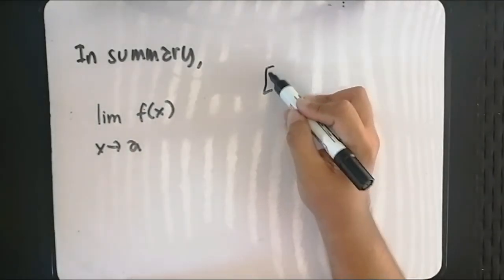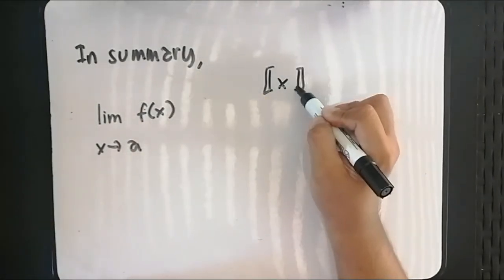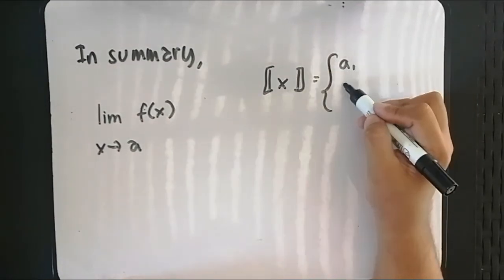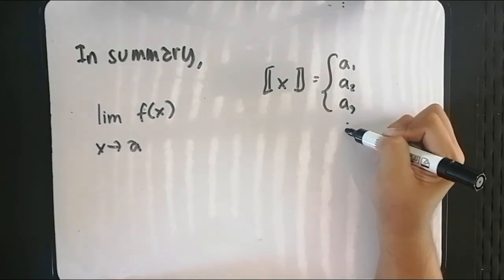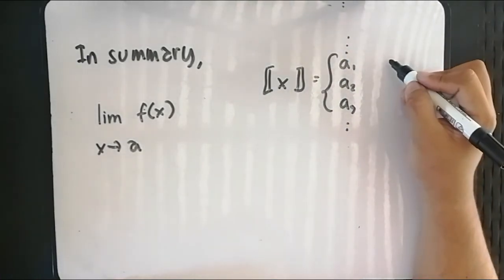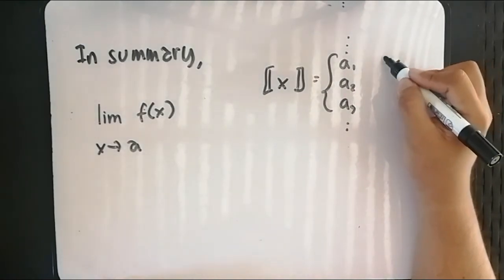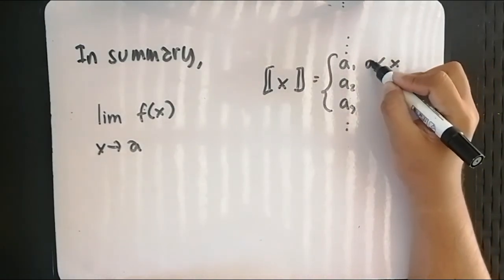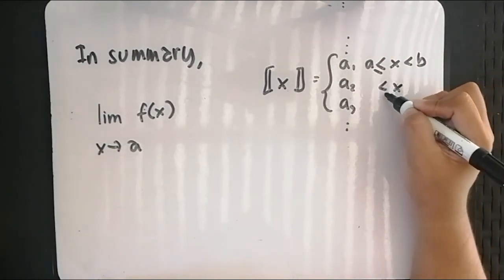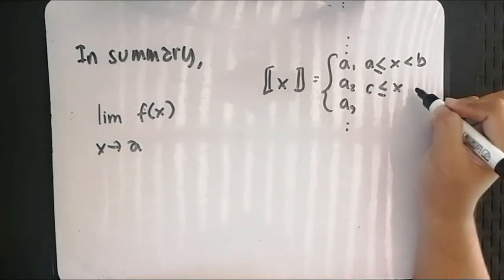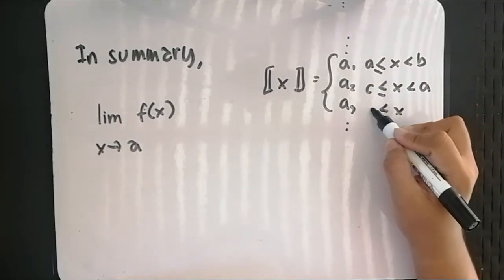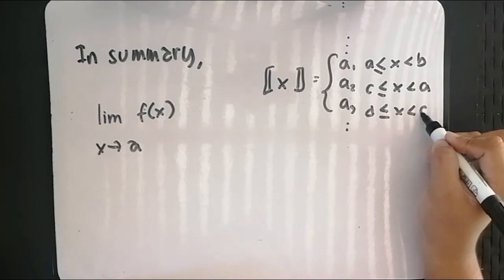And then yung greatest integer function natin is equal to a sub 1, a sub 2, a sub 3, for example. Whenever andito yung a natin, x is greater than or equal to a but less than b, x is greater than or equal to c but less than a, x is greater than or equal to d but less than c.